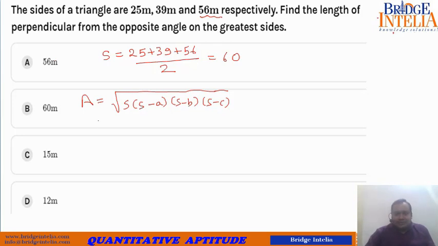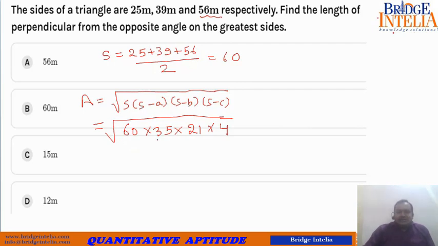So area is equal to under root of S, which is 60, into S minus A. 60 minus 25 is what? 35. S minus B, that means 60 minus 39 is what? 21, into S minus C. 60 minus 56 is what? 4. So again, you have to create pairs.